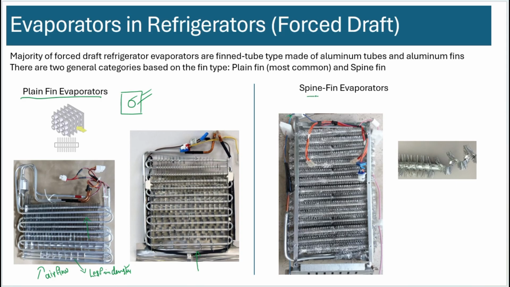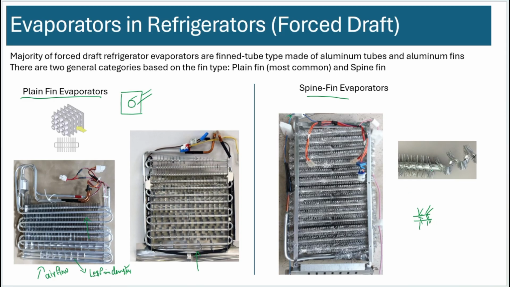Another one is the spine fin evaporator. It looks like spines wrapped around a tube. Okay, so in this case, if you look at the tube, it's almost like a lot of spines around the tube, like this. Okay, so it's basically made of aluminum ribbons, and then you cut the ribbons in such a way and make spines out of them, and then you wrap it around the tubing.